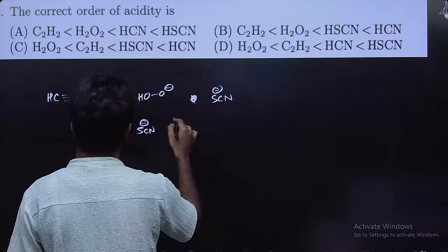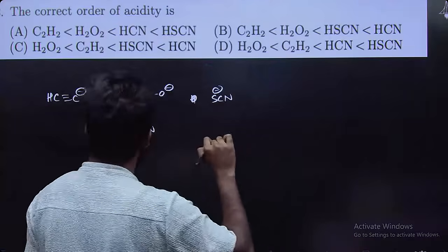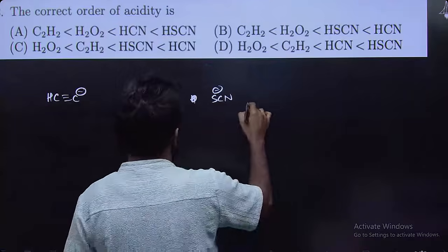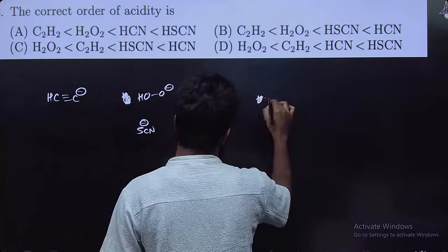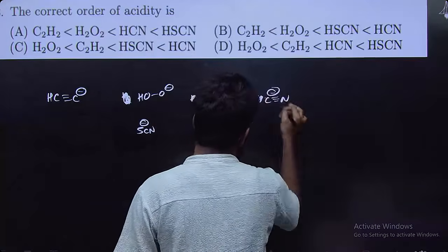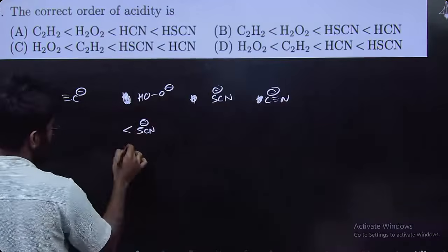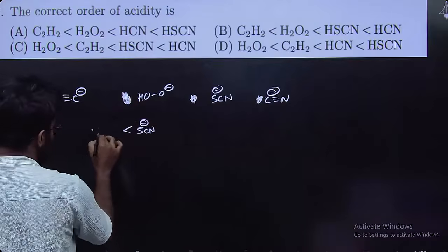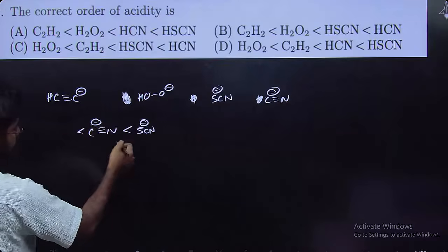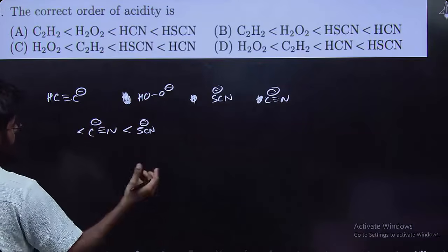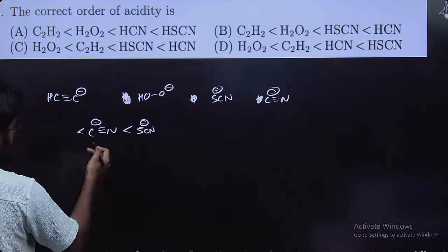you have this one more left, right? Which one? HCN, right. So you have this as also an anion, CN minus. So the most stable is SCN minus, followed by your C triple bond N minus, because obviously an sp hybrid carbon is attached to a more electronegative atom like nitrogen, right?